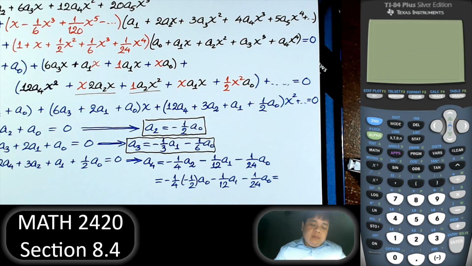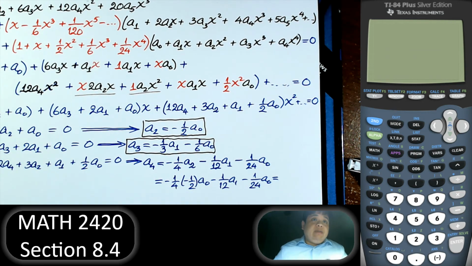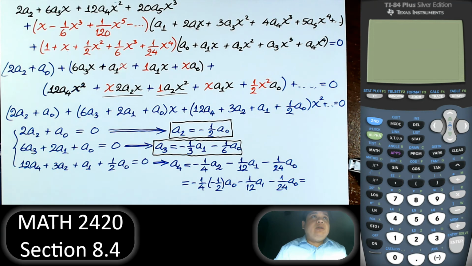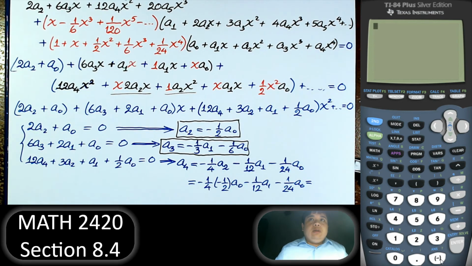Now, negative 1/2 times negative 1/4 is 1/8 of that.